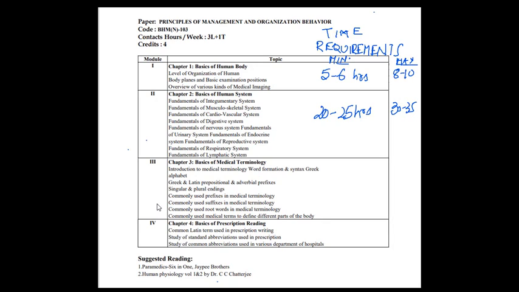Since we are integrating the module 2 with the module 3, while you do this, a part of the module 3 gets covered. So if there are any other parts that are still left, then you can spend, on the minimum side, 4 to 5 hours of time, and on the maximum side around 7 to 8 hours of time.